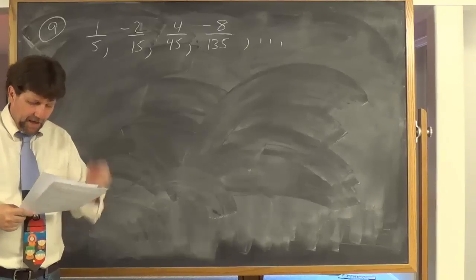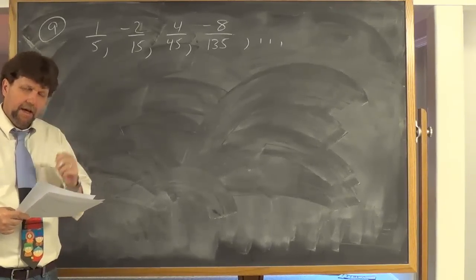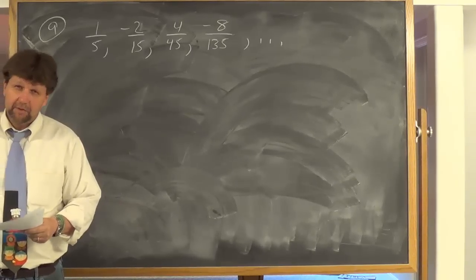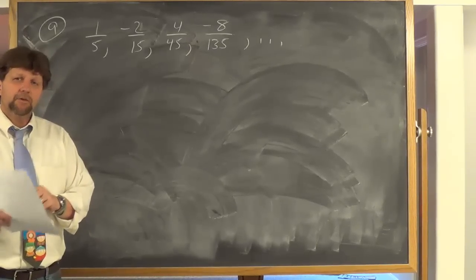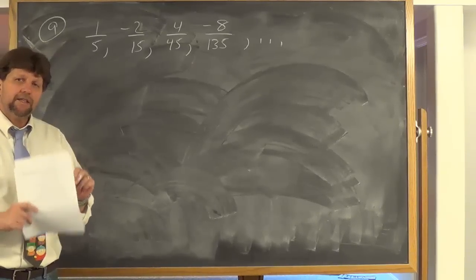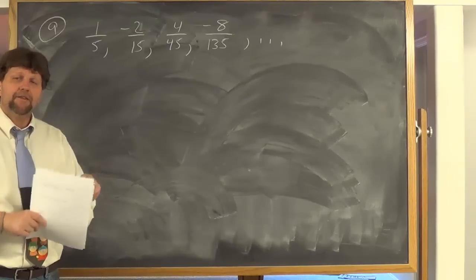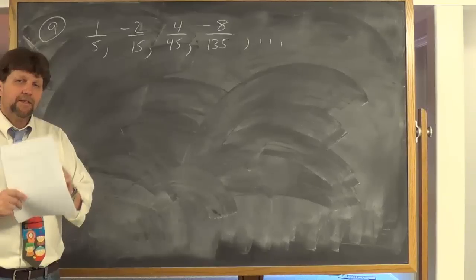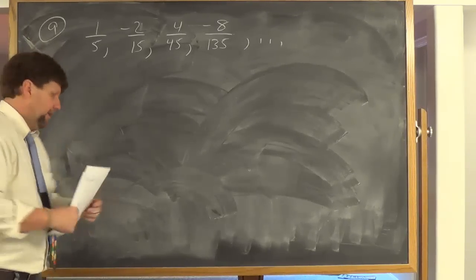All right, folks, here at number 9, I asked you to determine the general term a sub n of the geometric sequence. Quick review on the difference between an arithmetic sequence and a geometric sequence. In an arithmetic sequence, consecutive terms have a common difference. In a geometric sequence, consecutive terms have a common ratio.